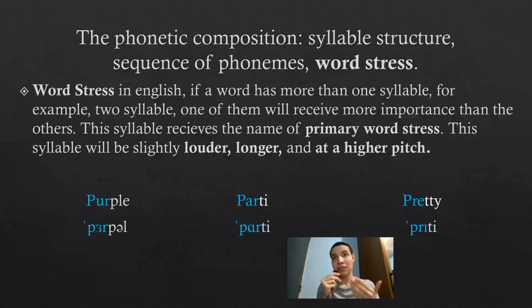This syllable receives the name of primary word stress, and the syllable is slightly louder, longer, or at a higher pitch. For example, with the word purple, you can see that the stress is in the first syllable, pur. That means that that is the primary word stress of the word.